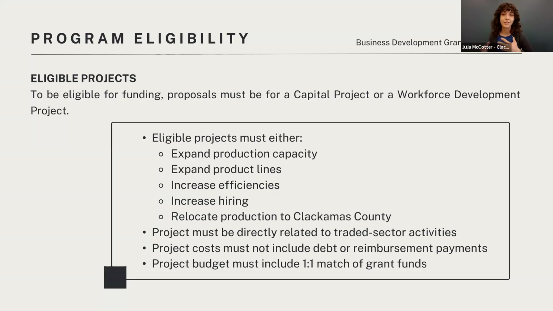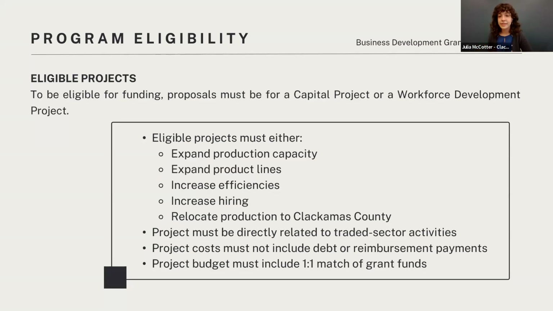It's not directly related to your manufacturing activities. So this is especially important for businesses who have some lines of business that are traded sector and some lines of business that are not traded sector. It's really important for you as an applicant to make it clear what the outcome of your project is and what lines of business are impacted by your project. The reviewers don't know that unless you tell them.